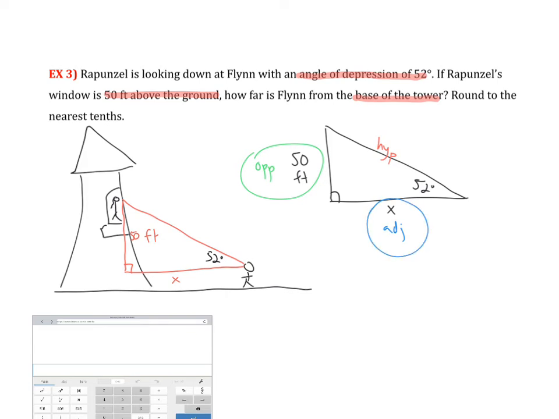So out of all of our trig ratios, SOH, CAH, and TOA, the one that we're going to use here is TOA, because TOA uses the opposite and the adjacent legs. So writing this down, we have tangent of 52 degrees is equal to the opposite leg, which is 50 feet, divided by X.